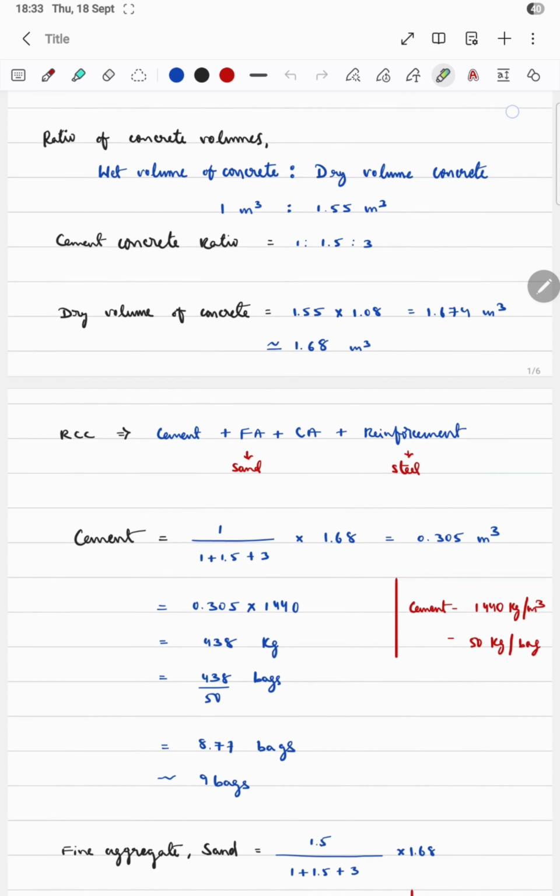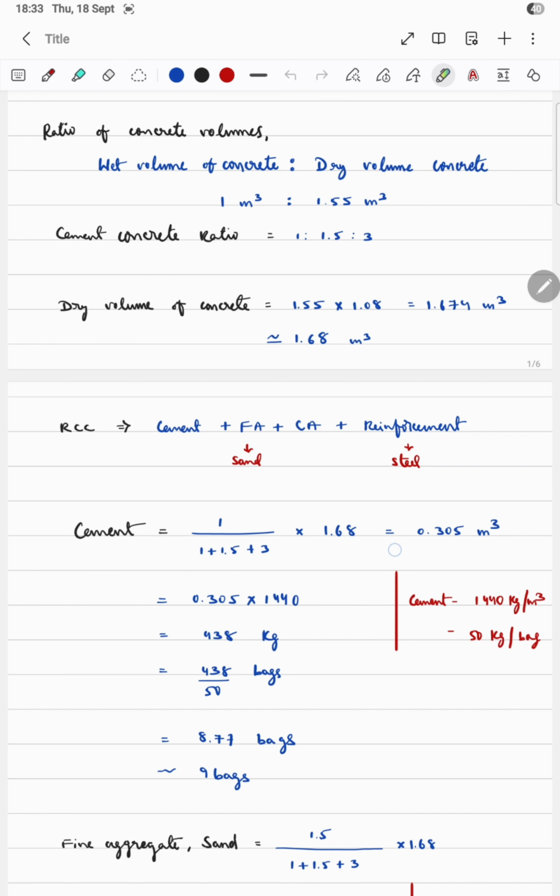Next, when we add water to the concrete mix, the dry volume of the concrete mix will shrink due to voids being filled with water.